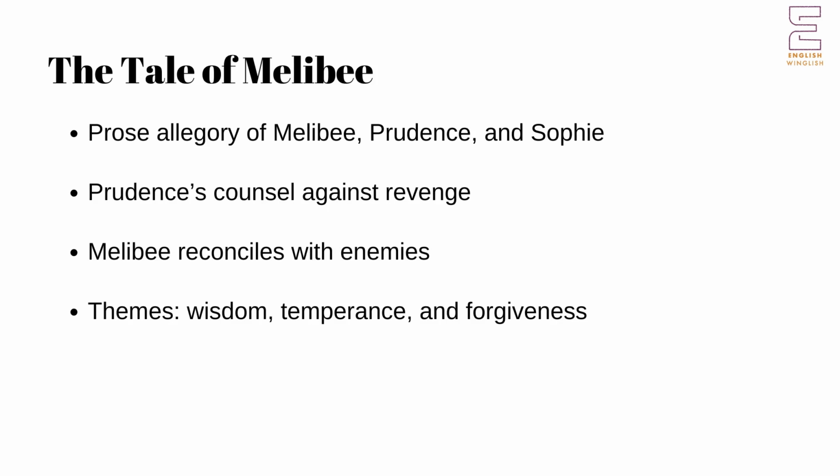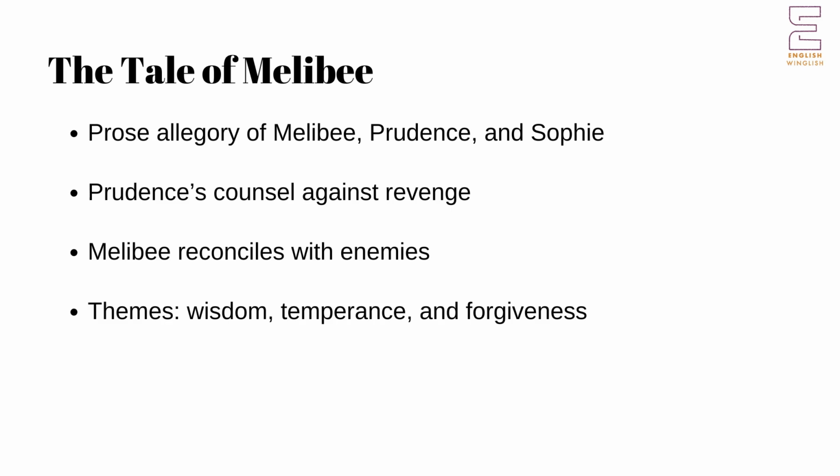The Tale of Melibea. Chaucer then tells a lengthy prose allegory called The Tale of Melibea, which focuses on Melibea, a wealthy man whose wife Prudence and daughter Sophia are attacked by his enemies. While Melibea seeks violent revenge, Prudence advises him to pursue a path of wisdom, patience, and forgiveness.